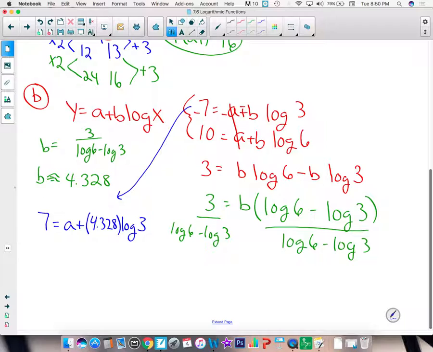Then that means this number right there, 4.328 log 3, you would subtract from both sides. Sorry, I'm not punching all this into my calculator; I don't have it on me at the moment. That's going to cancel on the right. Then we have a equals 7 minus 4.328 log 3. We get a is about 2.245.